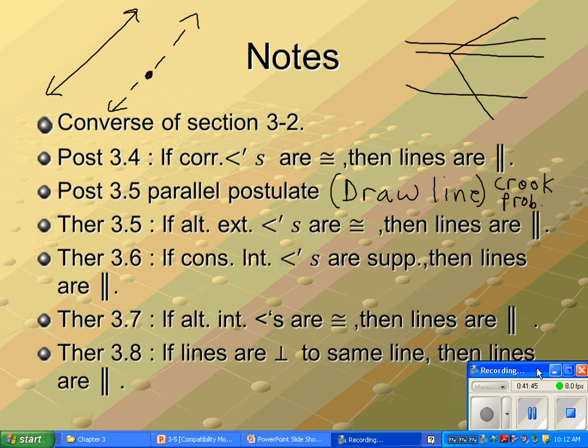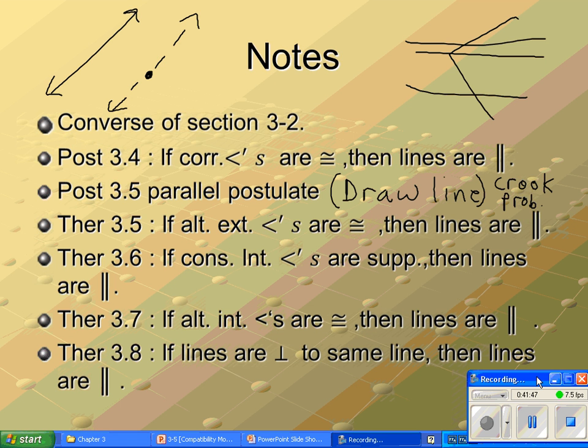Everybody see this last one? So the first one says if corresponding angles are congruent, then the lines are parallel. And for some reason, they turned them around on us. This one says if alternate exterior angles are congruent, then the lines have to be parallel.